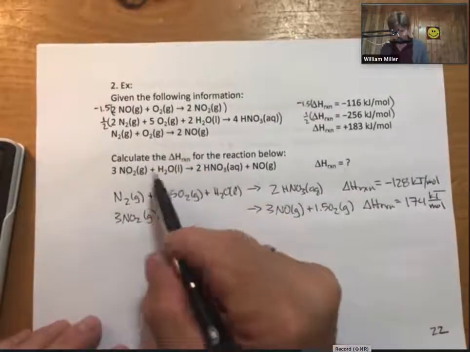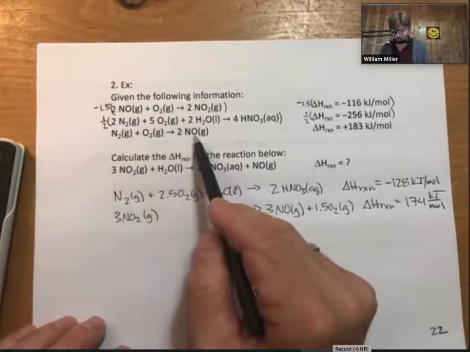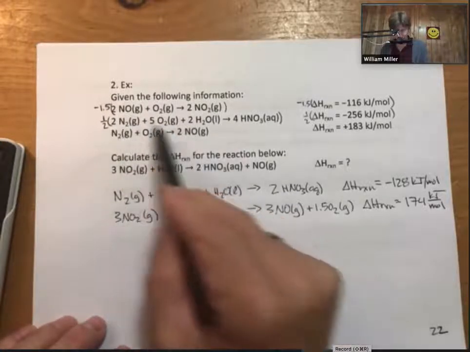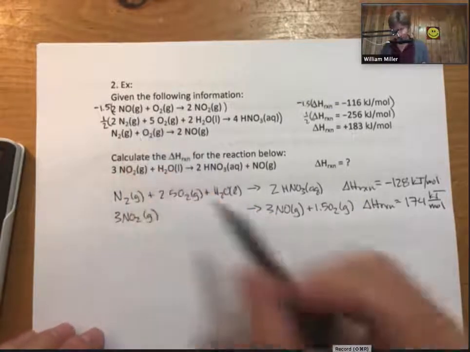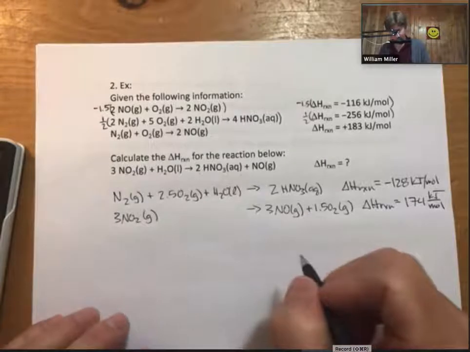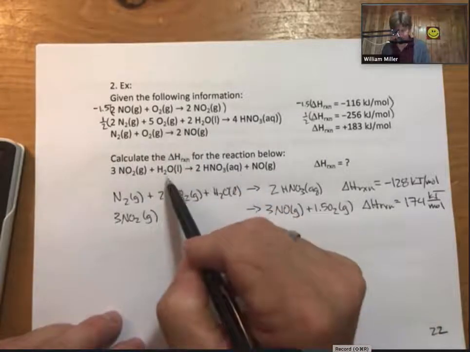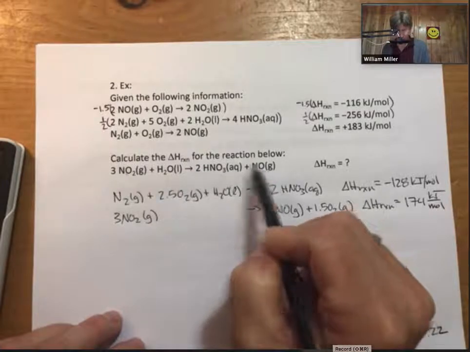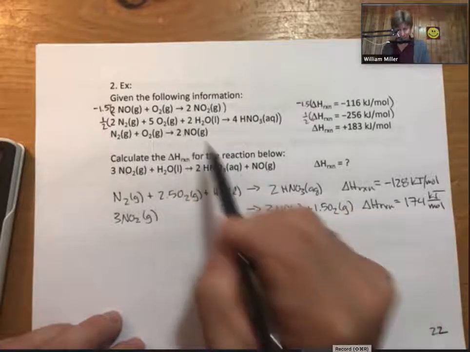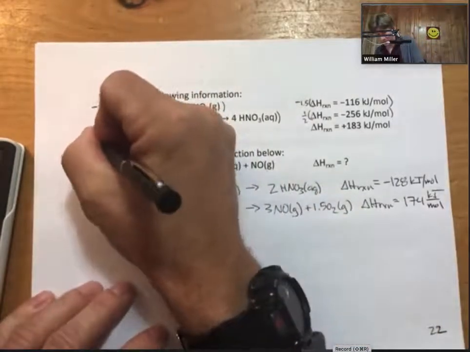Third one here. So there's nitrogens in a couple of them, oxygens in all of them. Only one nitrogen monoxide though in the third and first reactions. So let's see. I need 1 NO here. I have 2 NOs. It's still on the product side, so I'm going to do that by half.